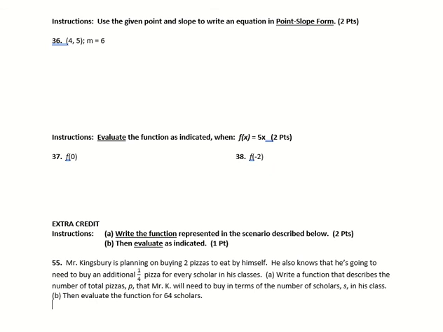Instructions. Use the given point and slope to write an equation in point-slope form. Number 36. The point is 4, 5. And the slope equals 6.